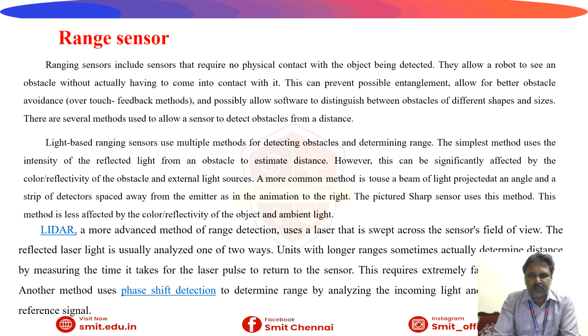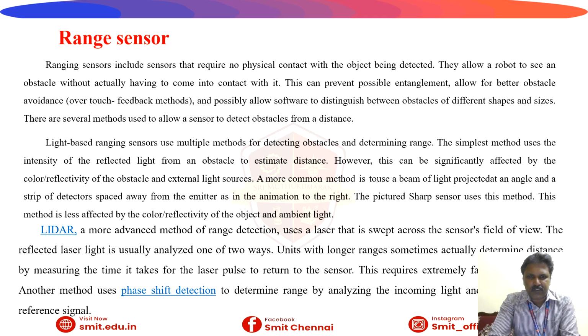This can prevent possible entanglement, allow for better obstacle avoidance, and possibly allow software to distinguish between obstacles of different shapes and sizes. There are several methods used to allow a sensor to detect an obstacle from an object.